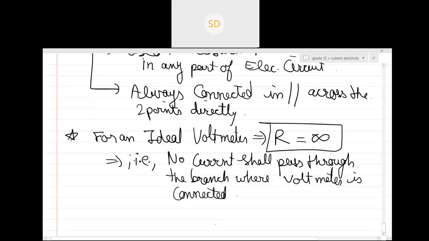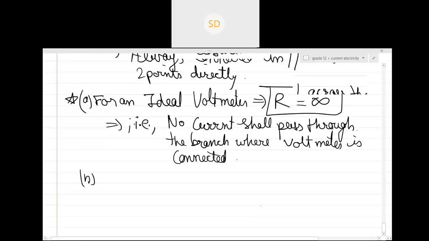Okay. But this is an ideal voltmeter. We know infinity is also not possible, right?